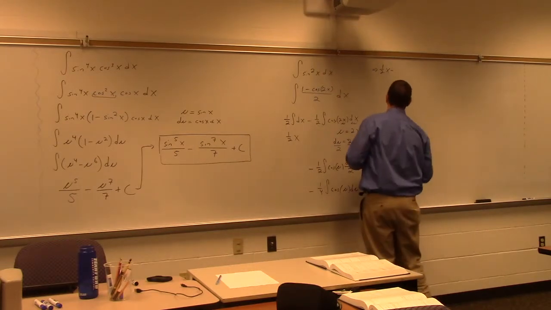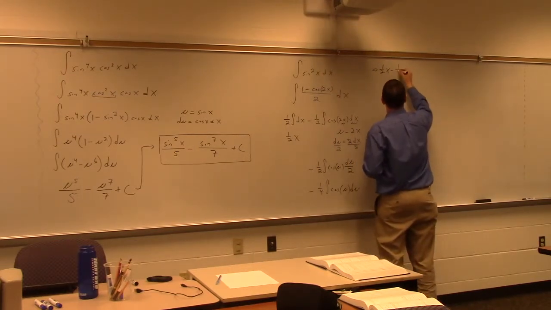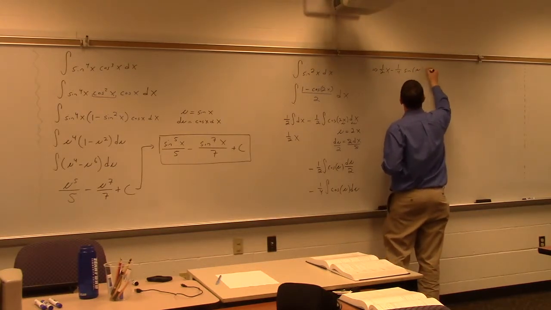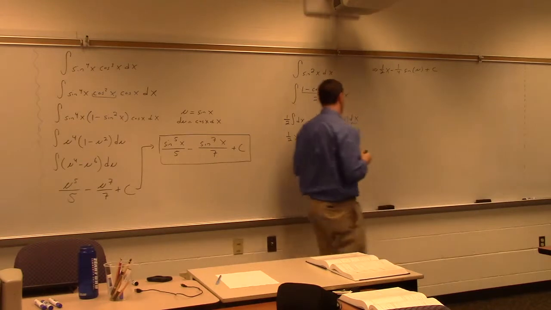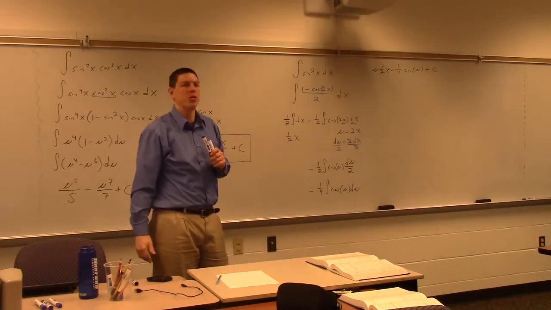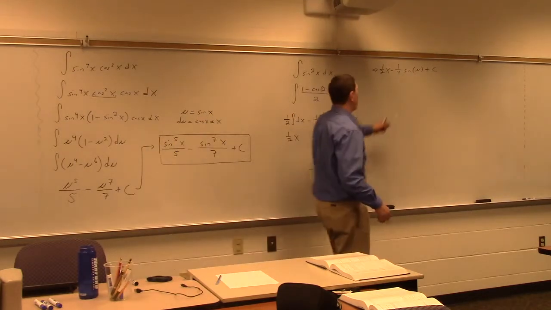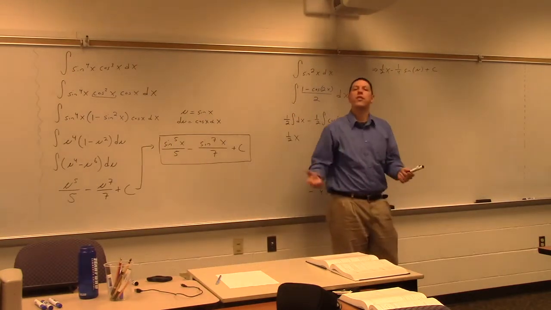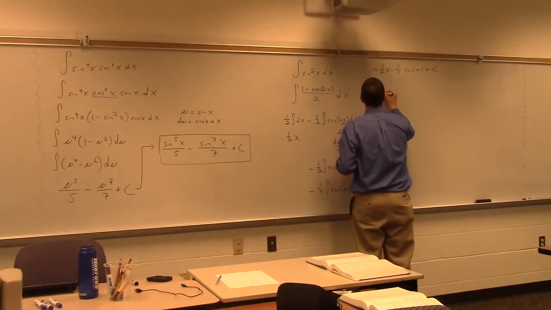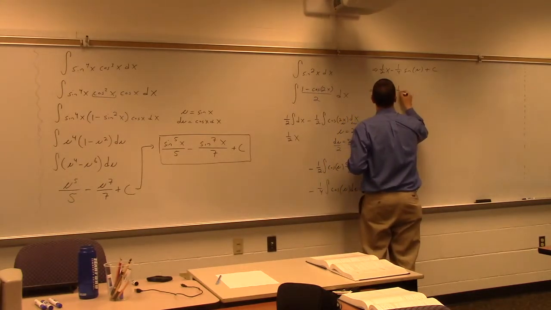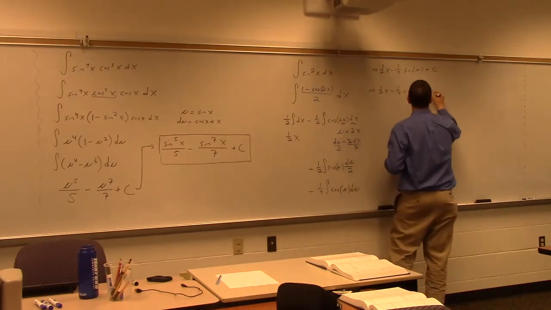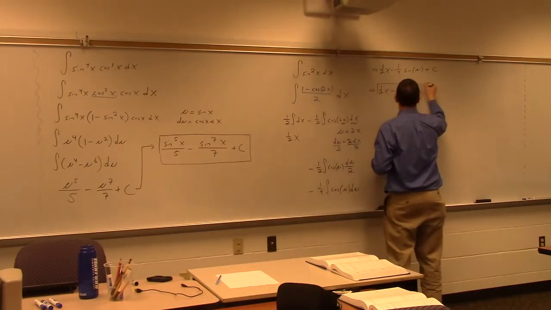I'll just erase this too so it's not so scrunched up in there. And then finally, we just back substitute. So we know that when we back substitute for u, we said that u is 2x. So ultimately, we end up with 1/2 x minus 1/4 sine of 2x plus c. Okay, and that's our answer for our second integral.